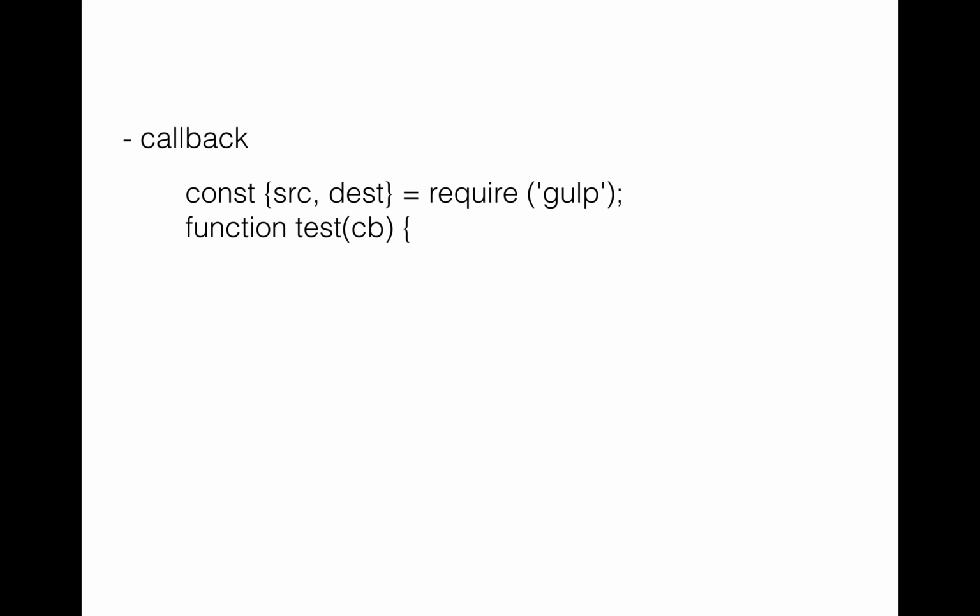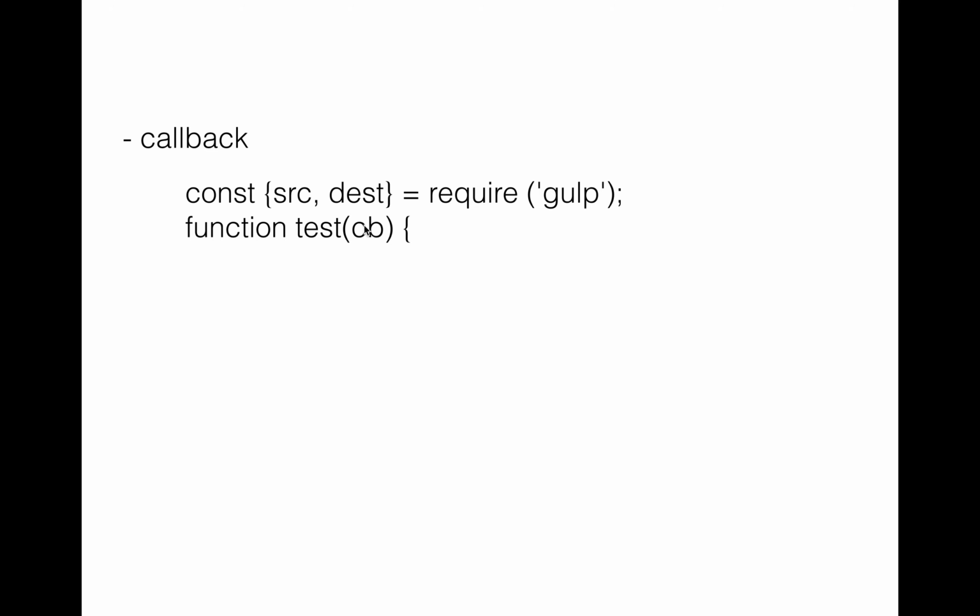Now, this is how a task would look in JavaScript or gulp.js when we make use of a callback. First, we specify the source and destination by requiring our gulp library, and then we specify our function, here in this case test, which is our task, with a callback as the parameter or argument.